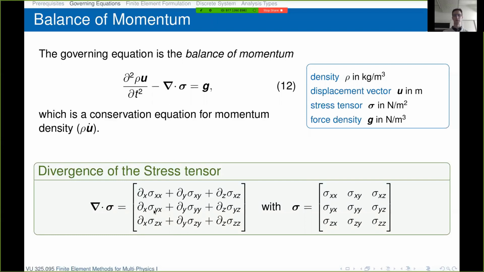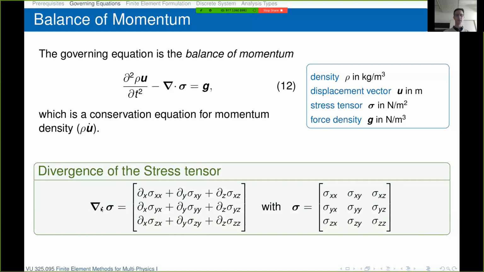So we have the x derivative, partial x of sigma xx, the xx component, plus, and now comes the sum of the nabla operator times the first row of the stress tensor. So we have the first sum, and the second sum, it's the second row, and in the third sum, it's the third row. So we obtain a vector valued quantity.